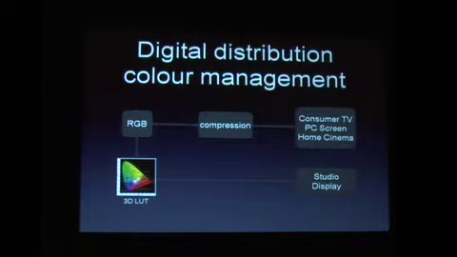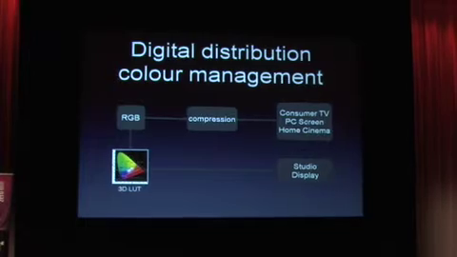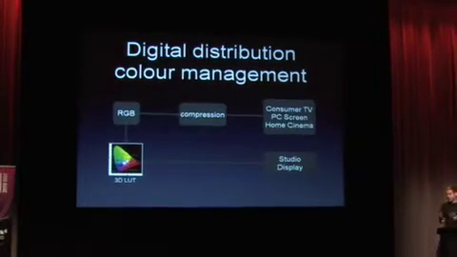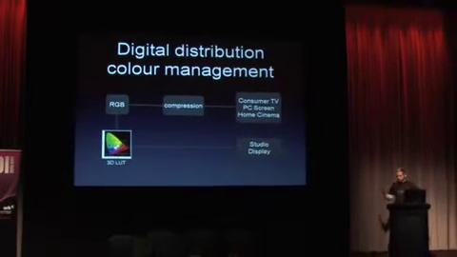Instead of the 35 millimeter film transformation that we used to have in a film process, we now have in that box a compression. What we also found is that the compression that is used by games is very effective for the bandwidth and the size of the files, but introduces a huge amount of distortion to the image.